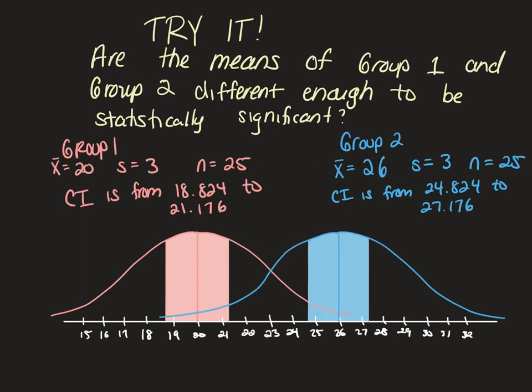When I do this, it's really clear that there's a gap between the 95% confidence intervals. Even though I see some of the tails overlapping with the confidence intervals of the other graphs, there's a clear gap between the two, telling me that my two 95% confidence intervals are not in the same place. This means that the means of these two groups are statistically significantly different.